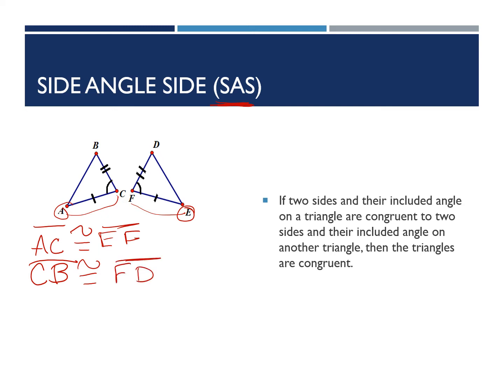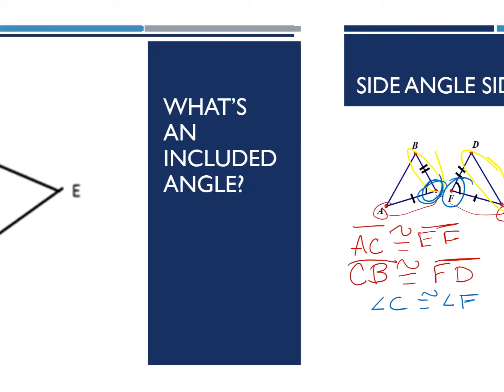So I have one side, I've got this side, and then I have an angle. Angle C is congruent to angle F. And it's important that it's this included angle. Okay. Once we've got those things proved, then we can say that the triangle is congruent. It's going to make it rigid. It's not going to move, basically.